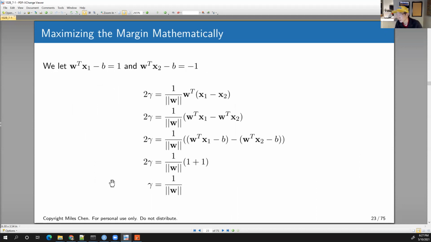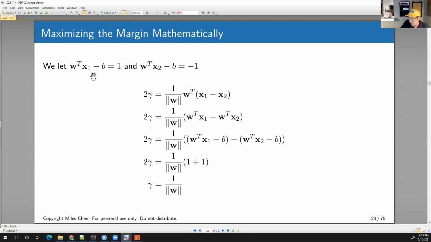Okay, so we say we've got w transpose x1 minus b equal to 1, and w transpose times x2 minus b equal to -1. And so we've got x1 and x2, and we're going to replace those.